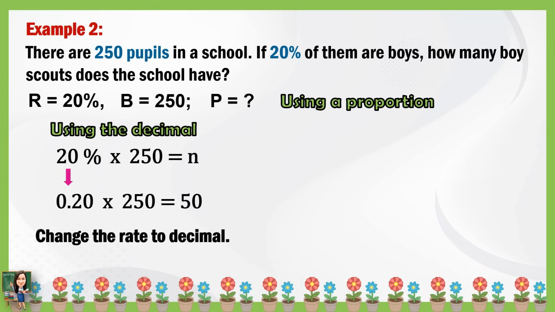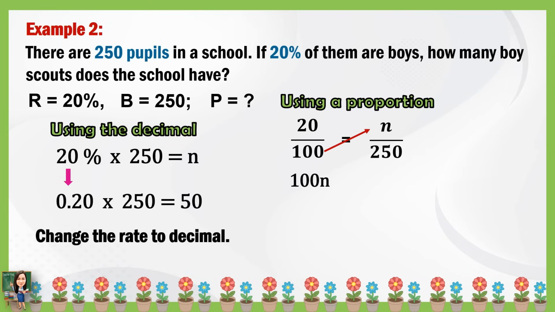Using a proportion. In fraction form, it is 20 over 100 equals n over 250. Get the cross product. 100 times n equals 100n. 20 times 250 equals 5,000.